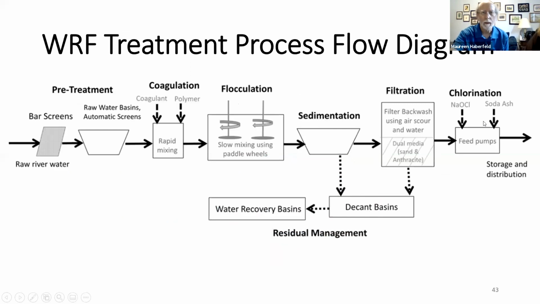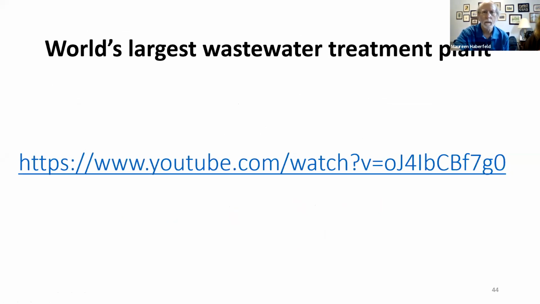If you get into the real high level of treatment, you've got some other steps, but we don't need to look at the slide again. This is about a 7-minute video, and it is on what is probably the world's largest wastewater treatment plant, located in Chicago.